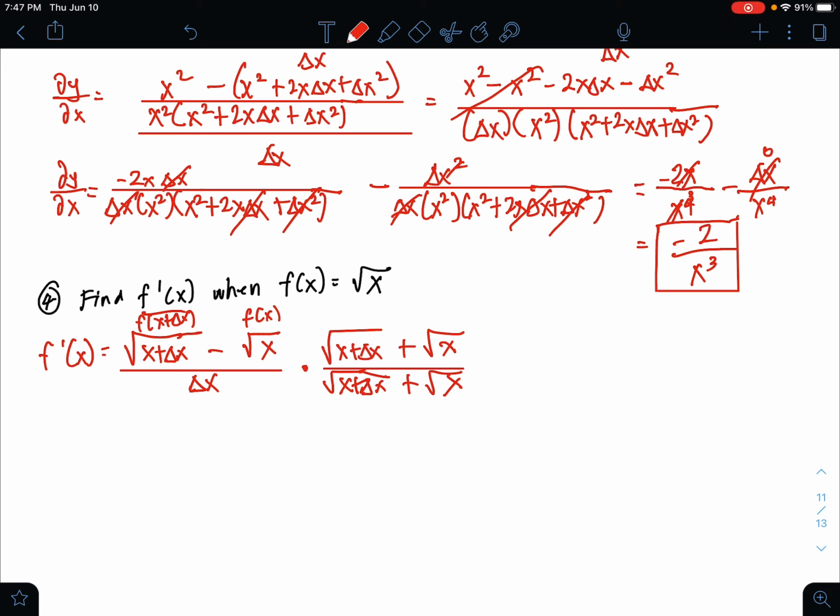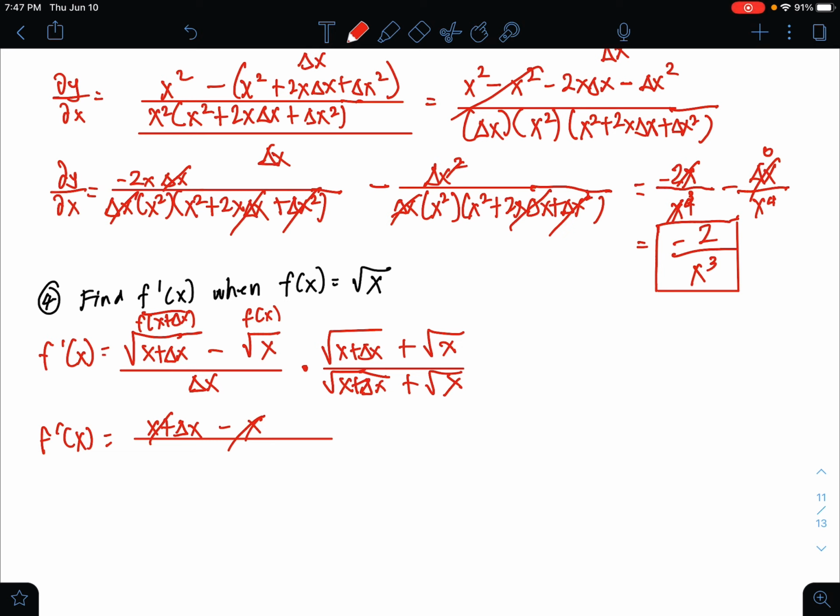So, therefore, ang mabilin ana ron would be x plus delta x minus x. Tama. So, mawala na. Mawala ang square root. Okay.